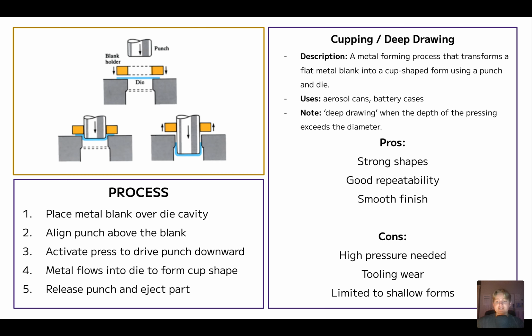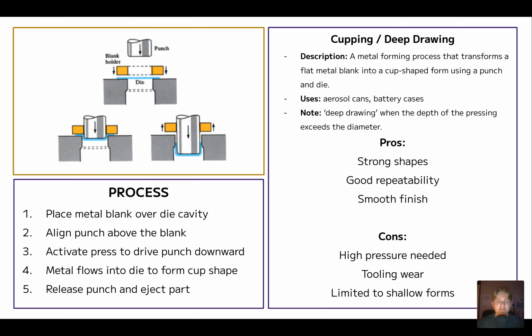So the process you need to describe in your exam would be placing the metal blank over the die cavity, aligning it with the punch above the blank, and then activating the press to drive the punch downward, or using a hand crank press. As I mentioned before, you can always use that alternative, potentially score some more marks, and then you'd allow the metal to flow into the die to form the cup shape.